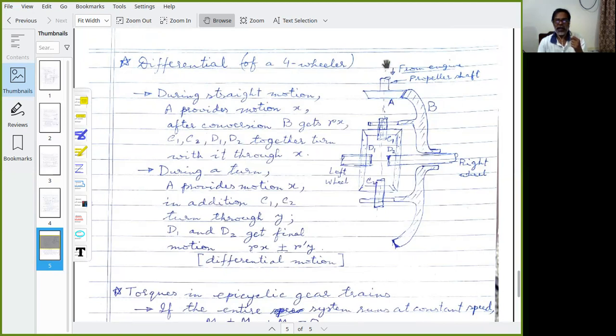The shaft from the engine, the propeller shaft, comes and meets a pinion gear, with which a big gear called the crown gear is connected, which is the final gear.